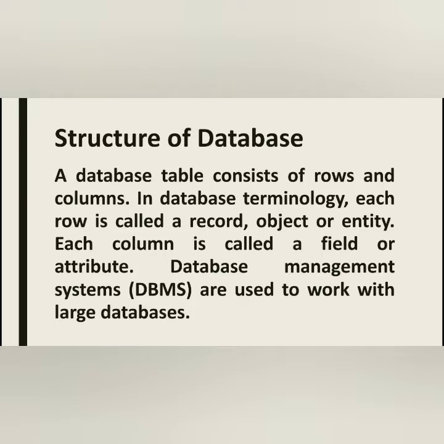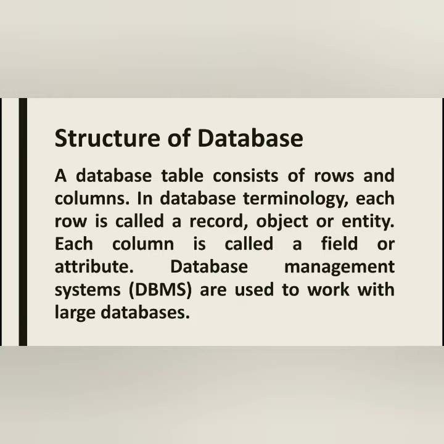Now come to structure of a database. A database table consists of rows and columns. In database terminology, each row is called a record, object, or entity. Each column is called a field or attribute. Database management systems are used to work with large databases, as it is very difficult to maintain a database manually when there are hundreds and thousands of records, as the chances of committing error increase.